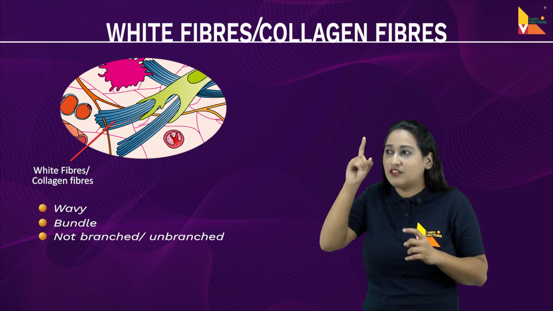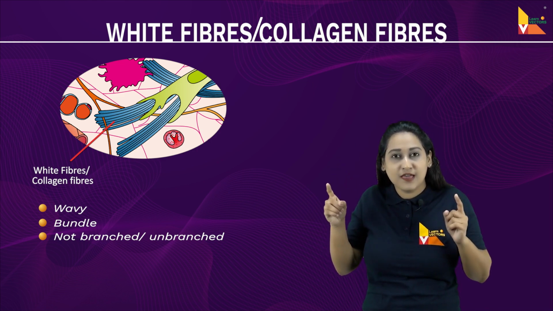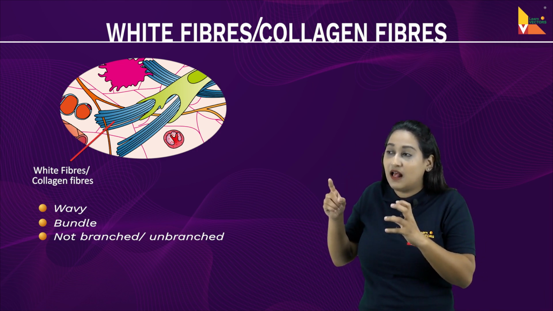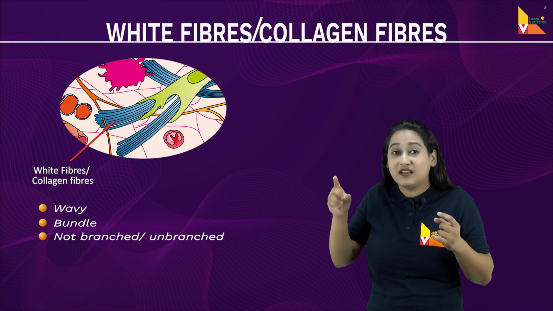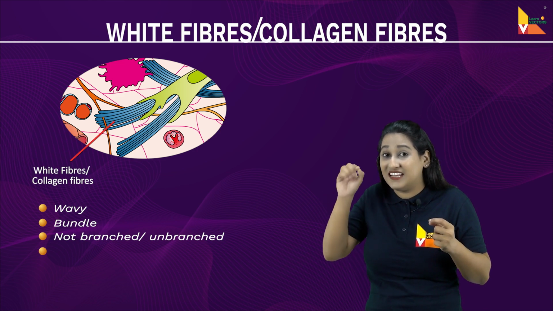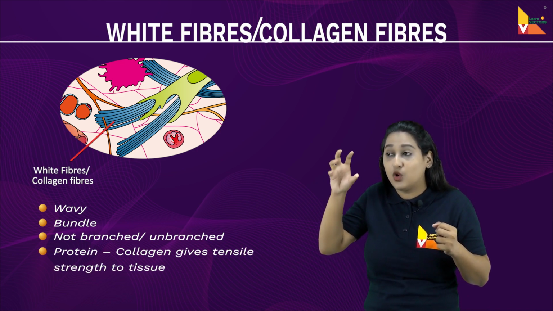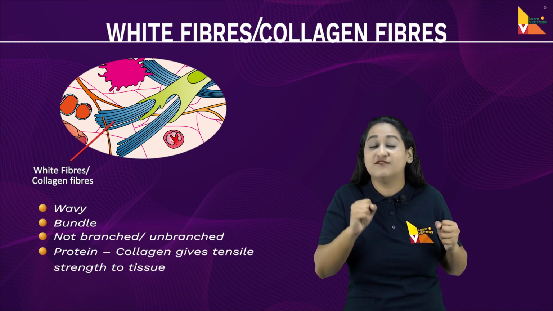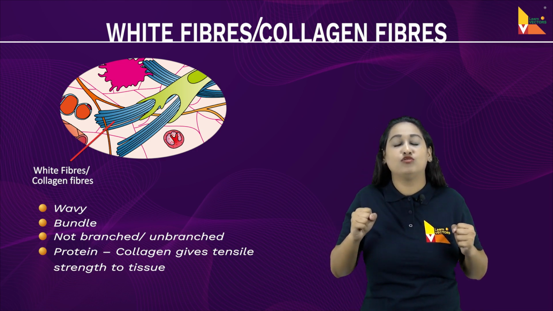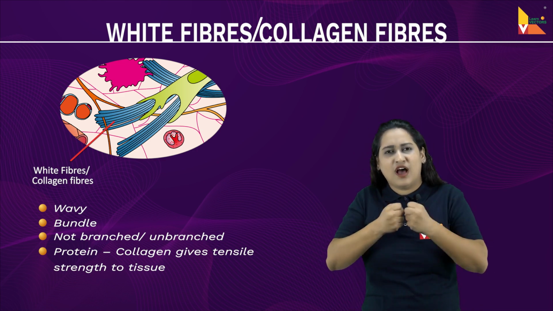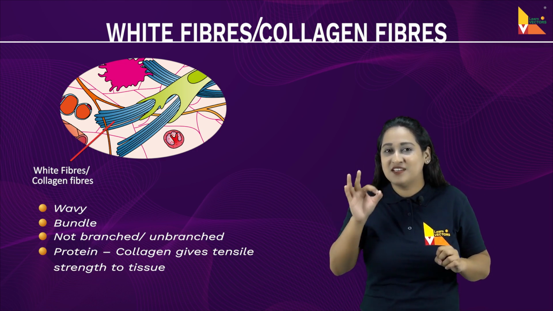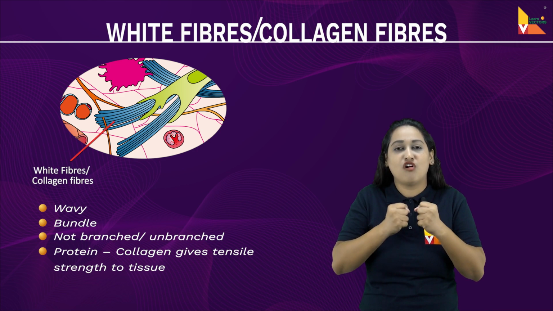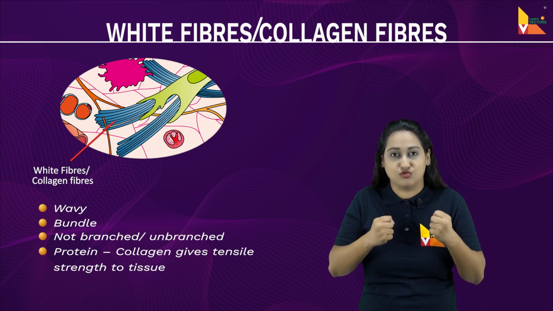What do you observe? That the white fibers appear wavy, in bundles, and unbranched. What is the protein? It is collagen. Collagen protein gives tensile strength to the tissue. You pull, and it doesn't allow stretching. Collagen is a protein which gives strong tensile strength to the tissue.